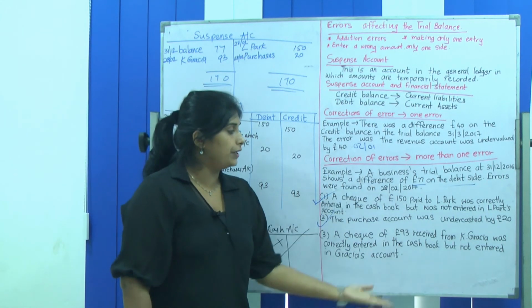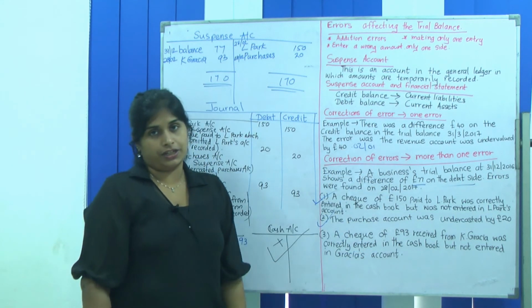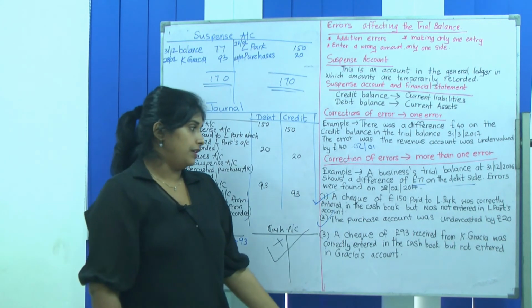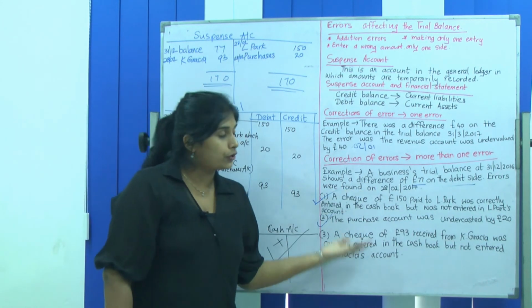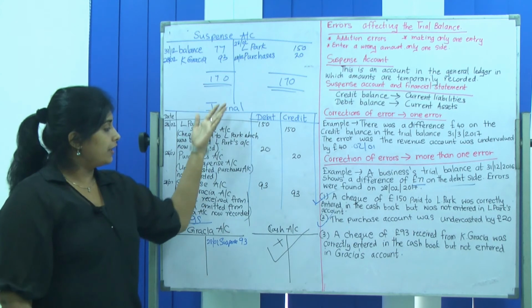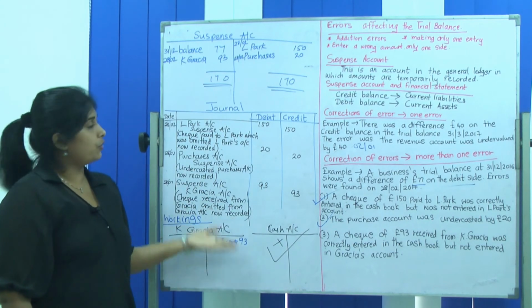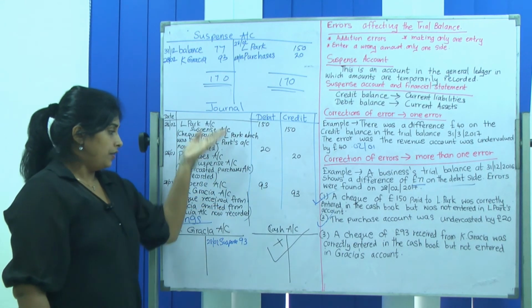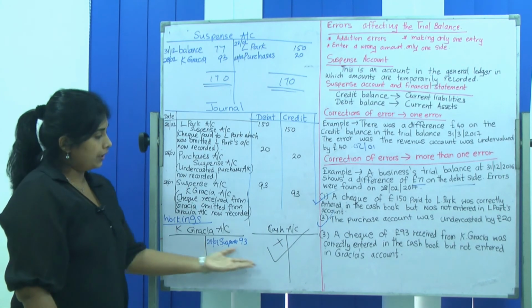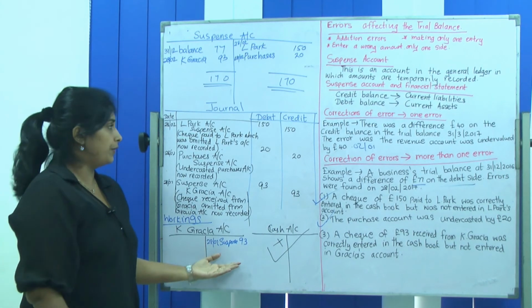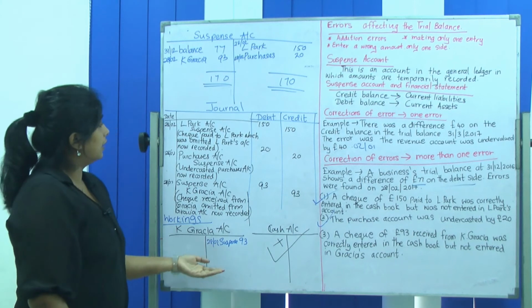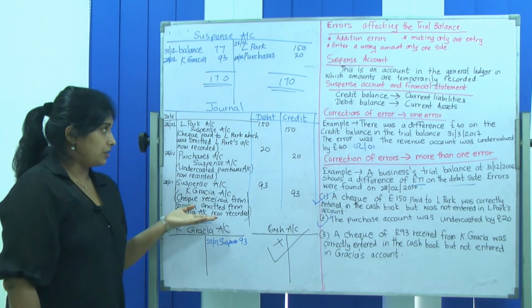Then they'll tell you why there is a shortage on one of those sides. Then you have to correct those errors and write them in the journal. If you need, you can do the workings, so there won't be errors. After that, you write the journals.